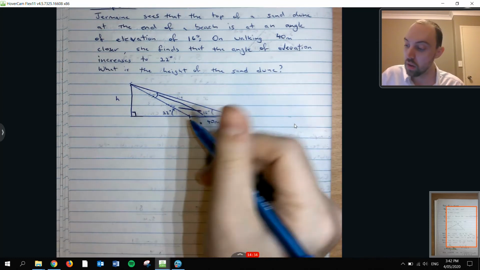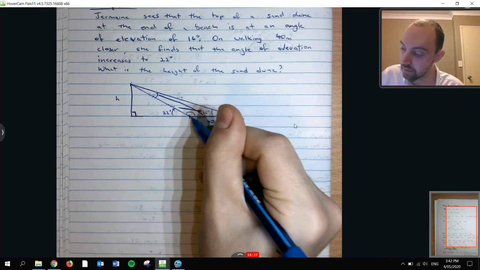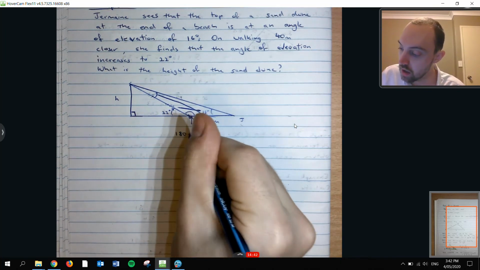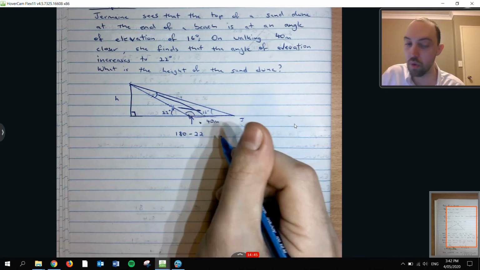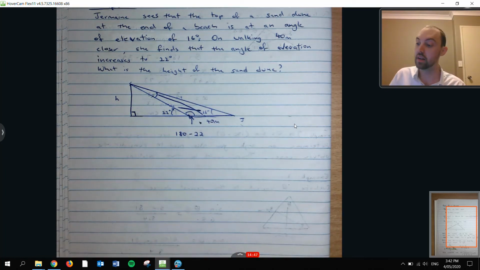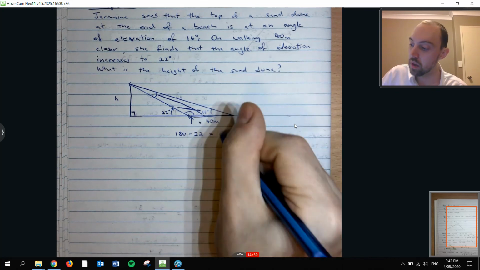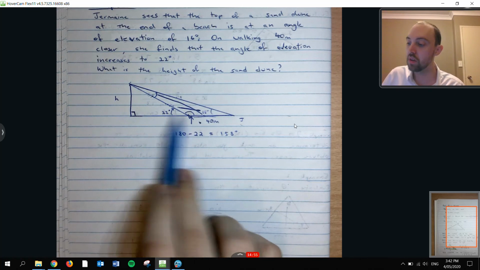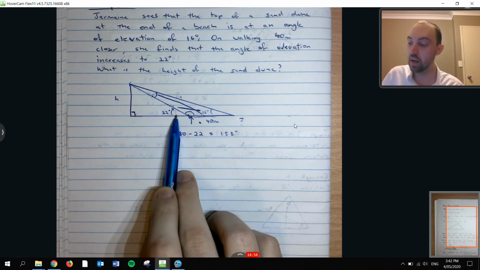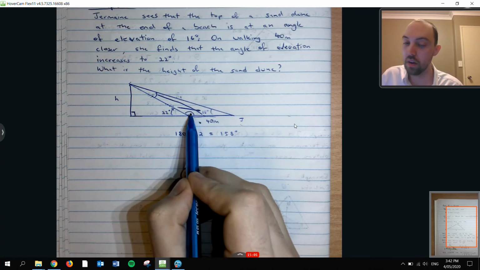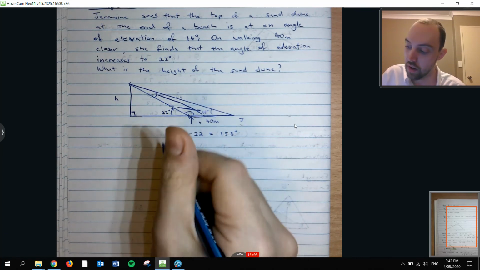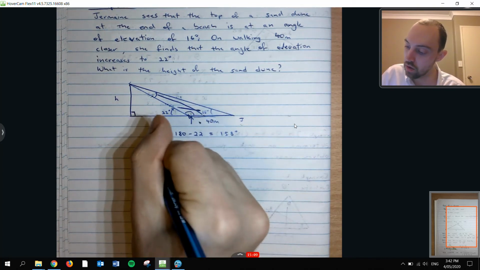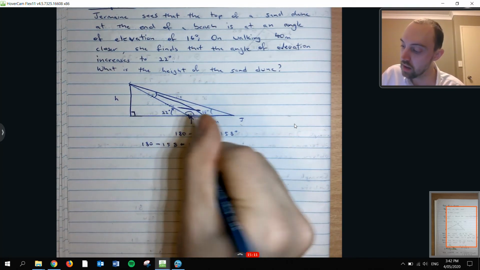I'll go that this angle in here is going to be 180 take 22 because they're both on the ground. Angles in a straight line means that we have 158 and 22 makes up the full 180 degrees. So if that's 158 degrees, then 180, take 158, and then take your 16.